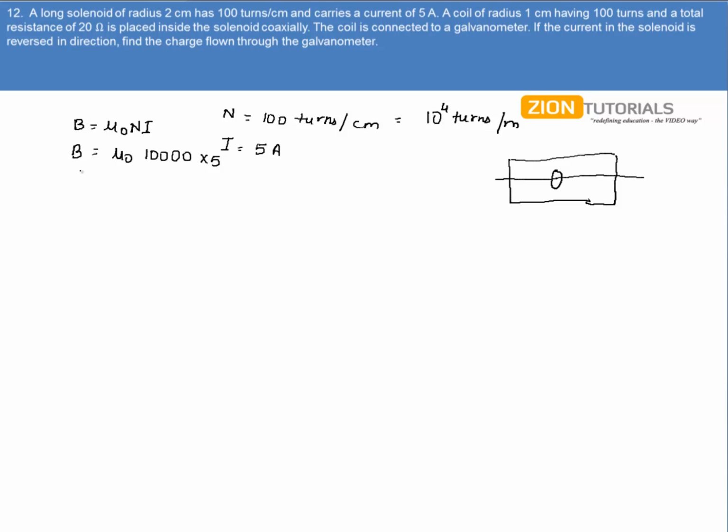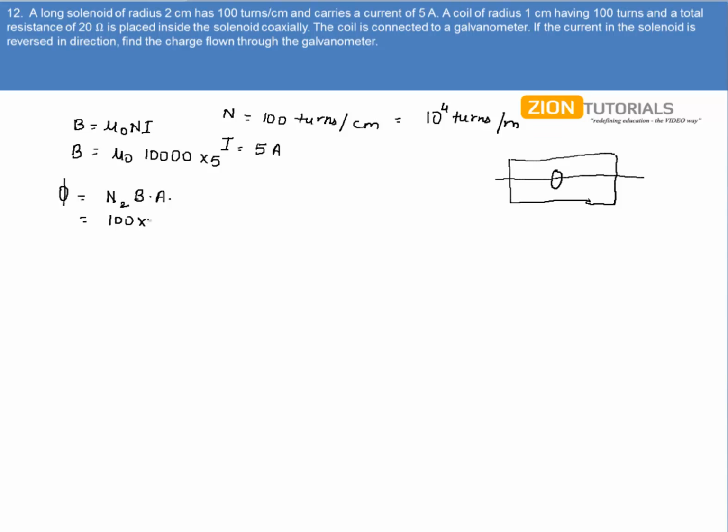The next thing we'll do is calculate the flux passing through the coil, because now we have the magnetic field passing through the inner coil. The flux passing through the coil will be given by the number of turns of the coil into magnetic field into area of the coil. The value of N2, the number of turns in the coil, is given as 100.